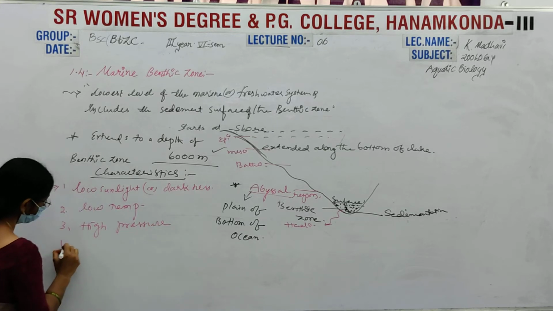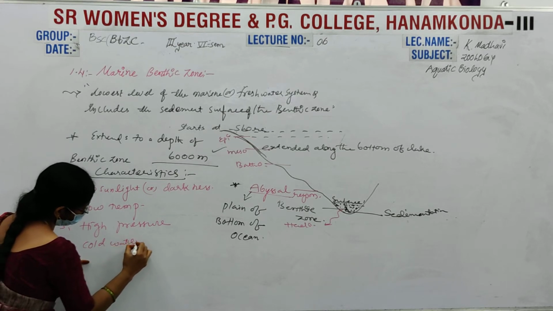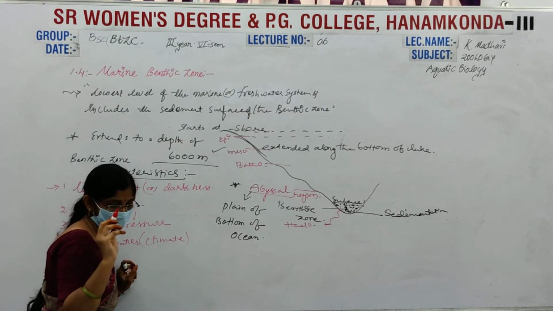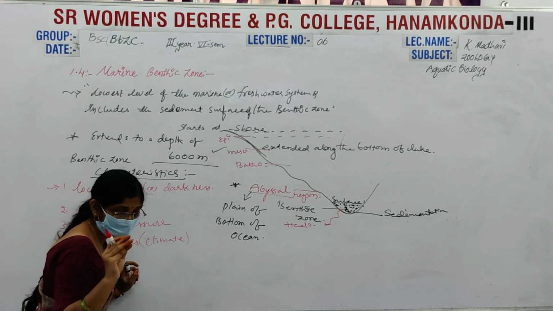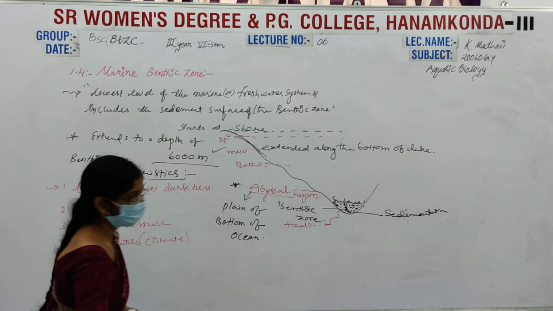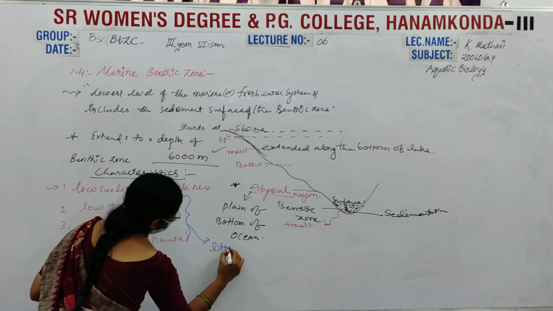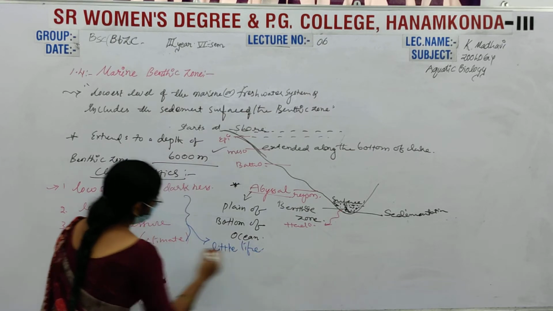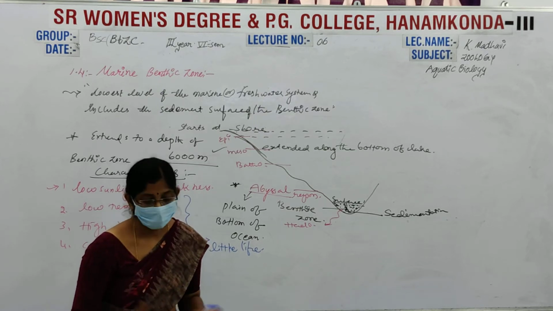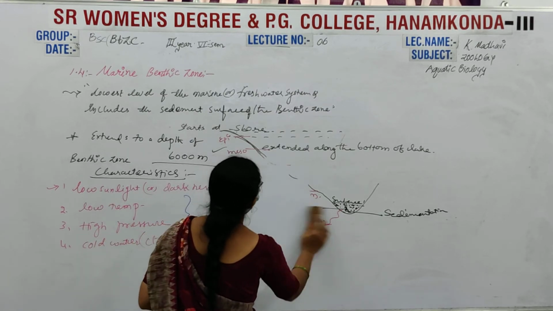High pressures and cold climate, cold water. And there is little life in this region. These characteristics indicate that little life is present here. The little life, the few species, show different types of biodiversity in this region.